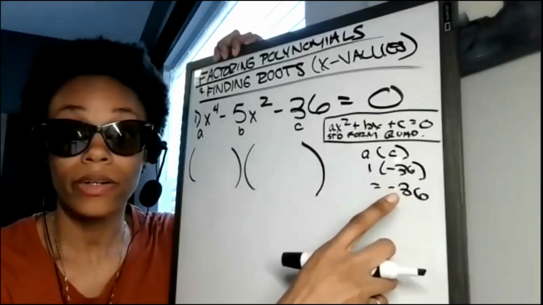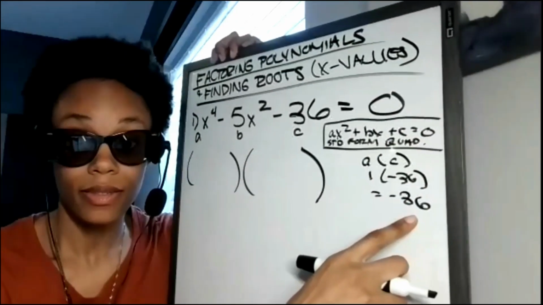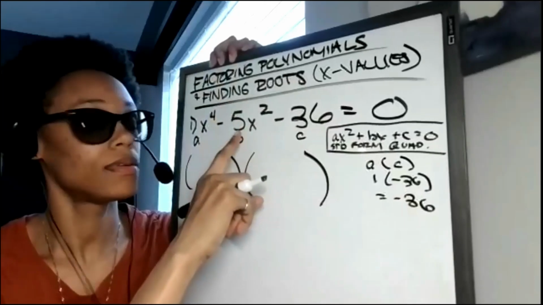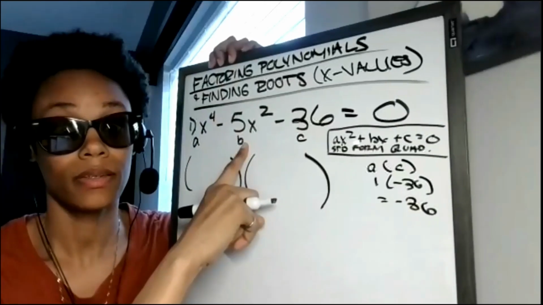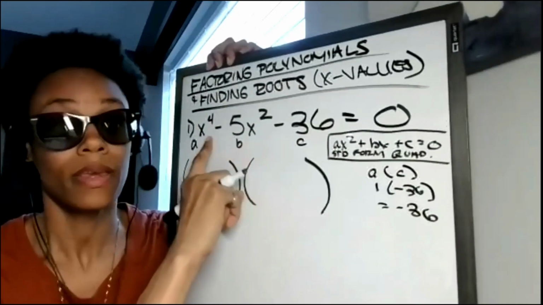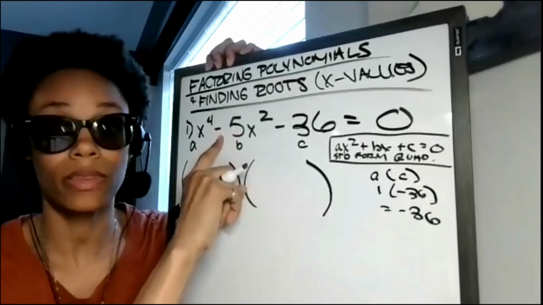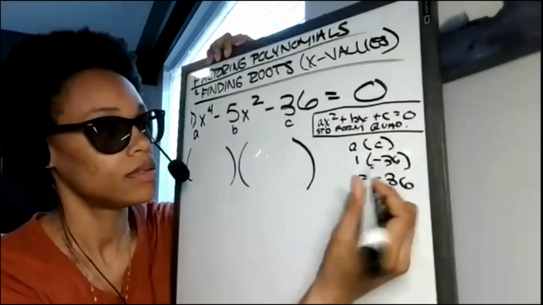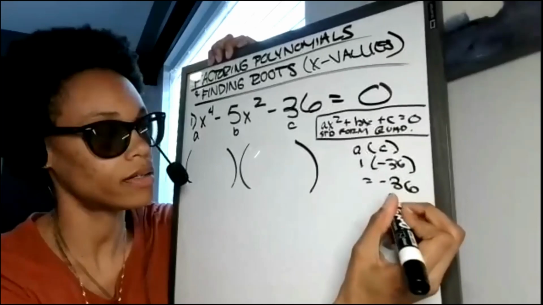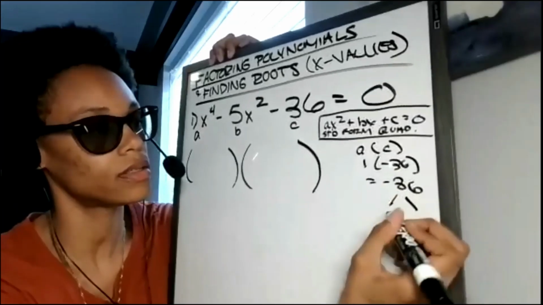And I'll look at the factors of 36 that will sum to give me this middle term, negative 5. Don't leave out this sign.